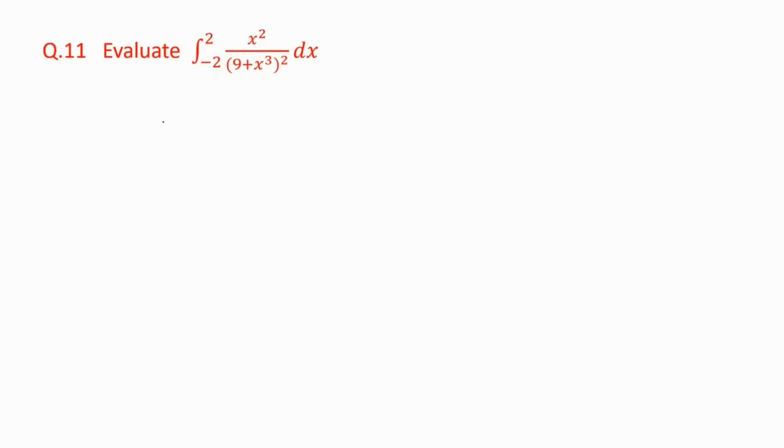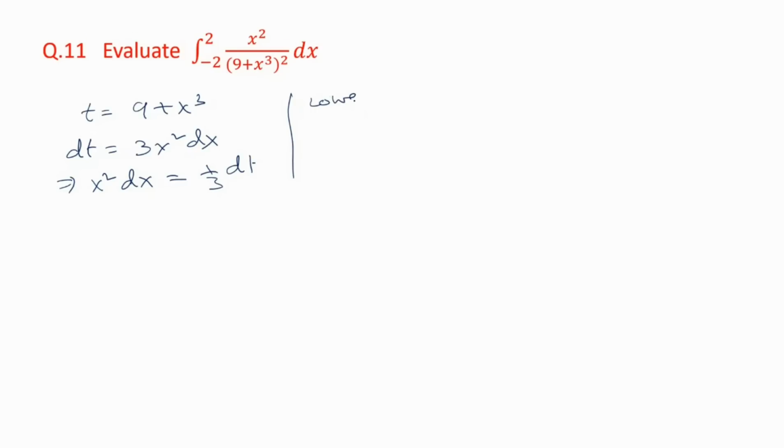To solve this integration, we will substitute the denominator part. So let t equals 9 plus x to the power 3, then dt equals 3 x square dx. So this implies x square dx equals 1 over 3 dt. And now we'll take the limits. The lower: x equals minus 2 implies t equals 9 plus minus 2 to the power 3, which is equal to 1.